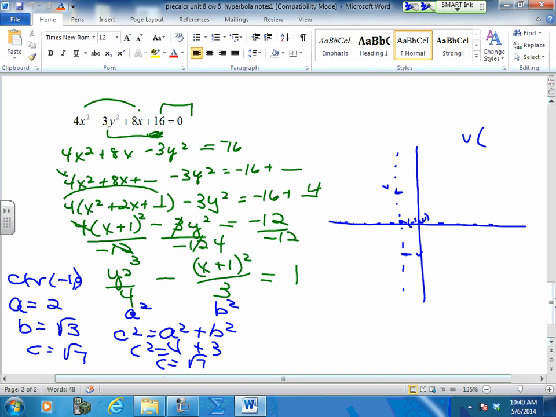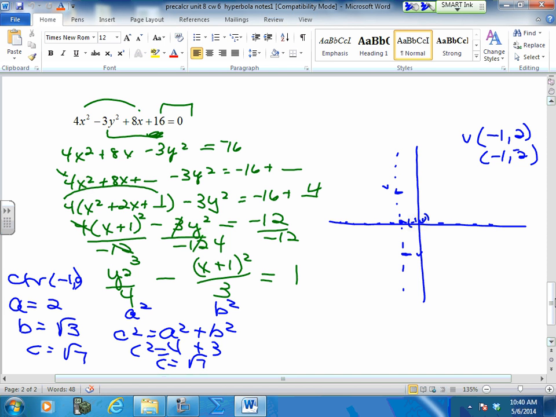It's 2. Up 2. I was at the -1, 0. So we're going up 2, down 2. So what's my vertex point at? -1, 2, and -1, -2. My parabolas are going to go like this.